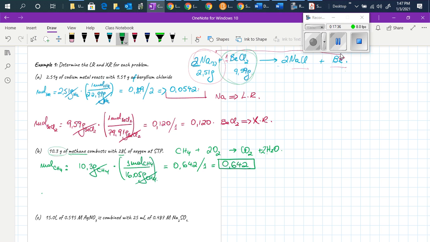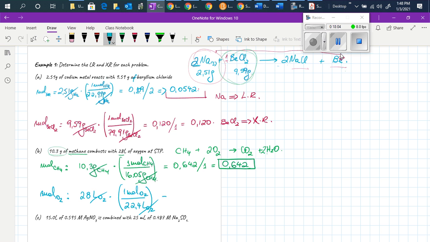And then we go to moles of oxygen. We are dealing with STP conditions. So what we have is, starting with what is given, 28 liters of oxygen. Molar volume is 1 mole of oxygen is 22.4 liters of oxygen.